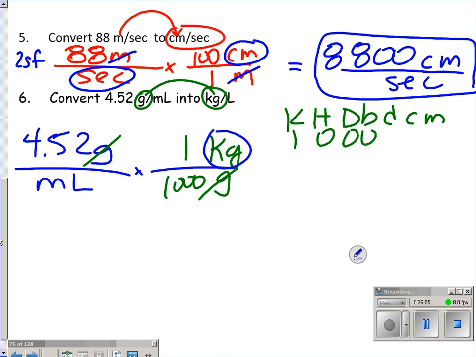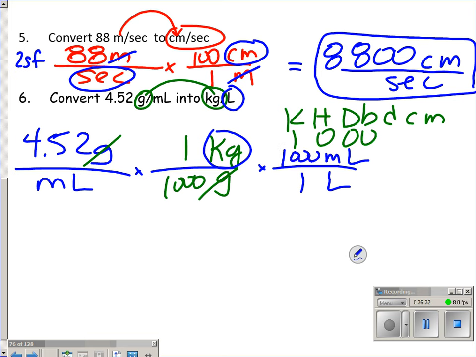Because it's on the bottom now, so I'm going to put it on the top of my next fraction. So yeah, they're counter to each other. One on bottom, one on top, they can cancel. And liters, you can see it up here in my final answer, has to be in the bottom, the denominator. So now decide which is bigger. Liter. So 1 liter is big. Has how many millis?